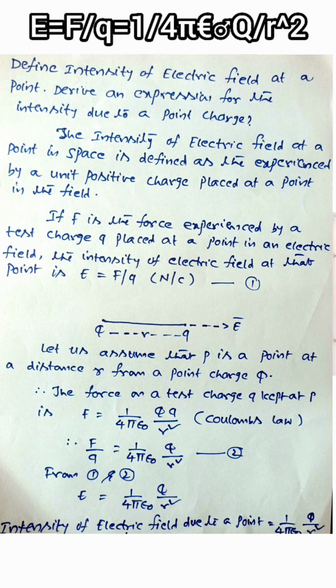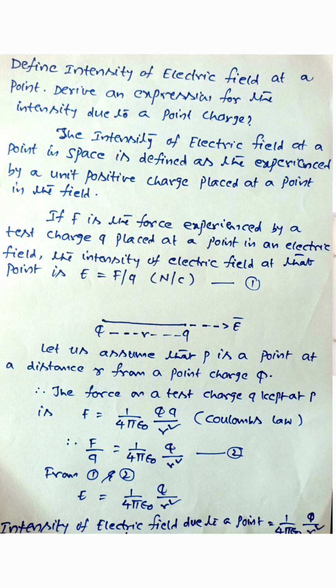F is given by 1 by 4 pi epsilon naught into Qq by r square. On taking this small q to the left side, it will divide. Therefore, F by q is equal to 1 by 4 pi epsilon naught into Q by r square.